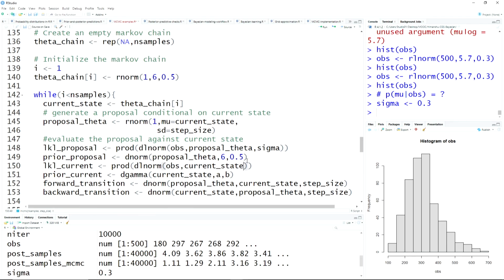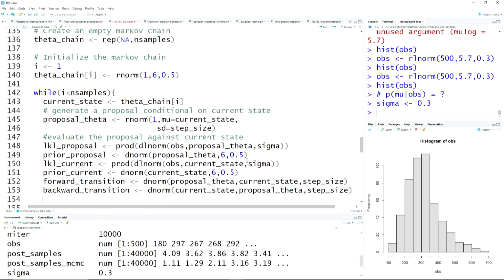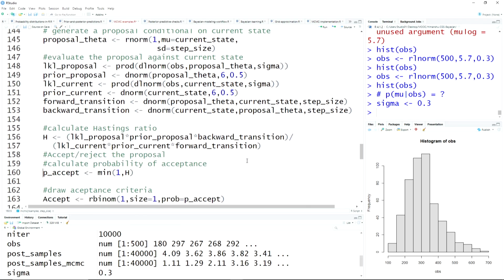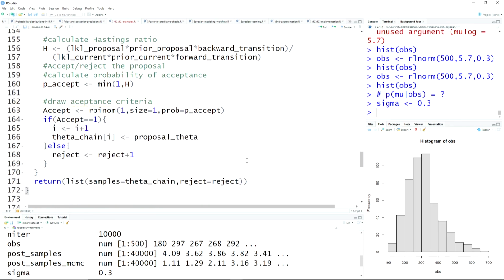So this current state is the mean mu parameter, and the sigma parameter is sigma. Okay. And here rather than d gamma, again d norm. So current state, mean 6, SD 0.5. And then forward transition, backward transition will remain the same. You calculate Hastings ratio, probability of acceptance, the rest everything will remain the same.